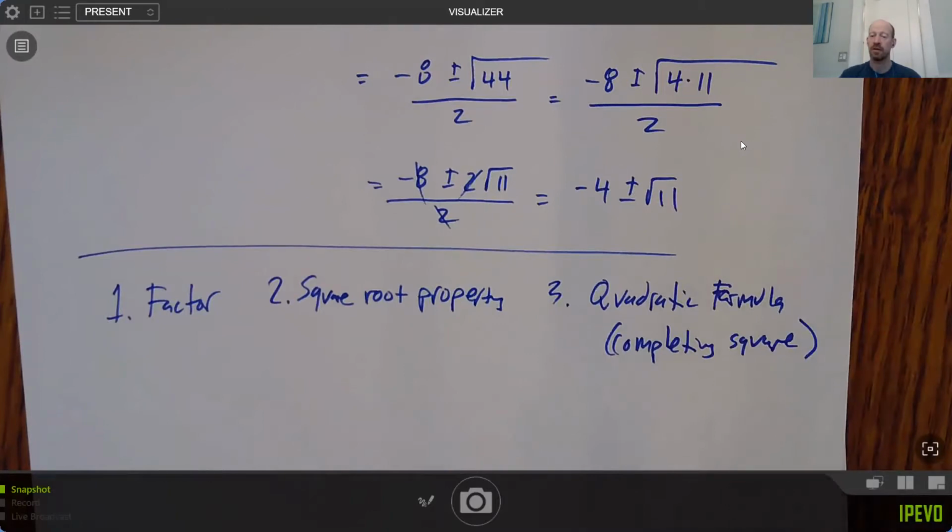We typically don't use completing the square unless we are told to, and that will be true for our class as well. If I tell you to complete the square, then of course you've got to show that work. I will only do that for problems that are relatively easy with completing the square, so not coefficients in front of the x squared and not odd numbers. A nice whole number, easy one to work with.